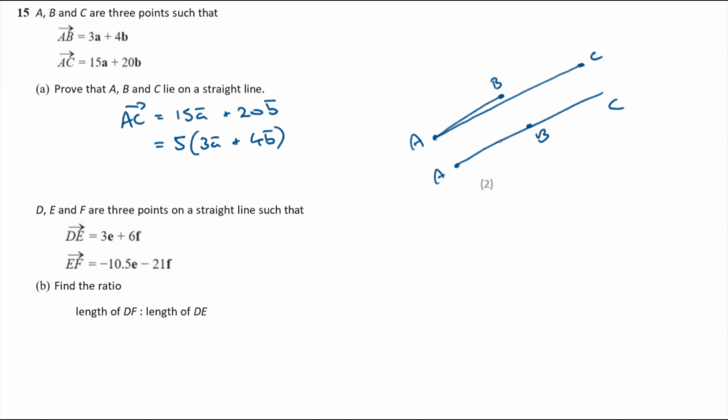And 3a plus 4b is the same thing as vector AB, isn't it? So that is equal to 5 lots of the vector AB. Okay, so I've shown that AC is a multiple of the vector AB. It's 5 lots of it, and therefore because they share a point they must be collinear.